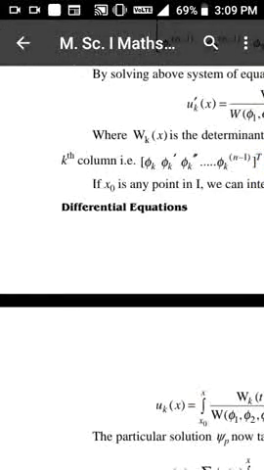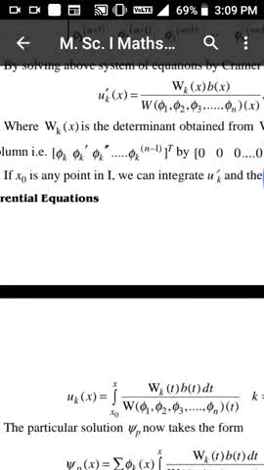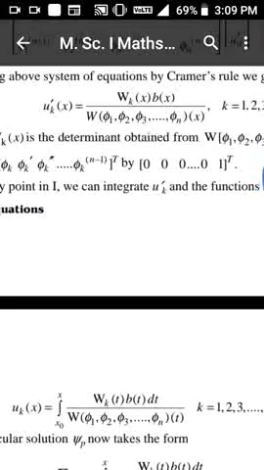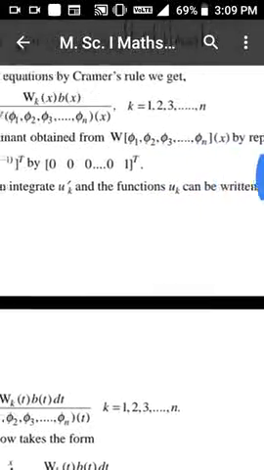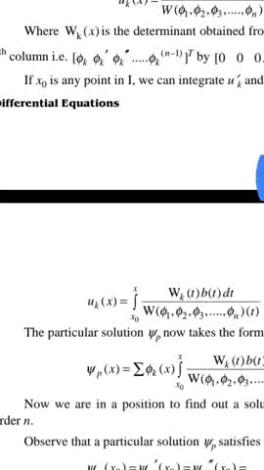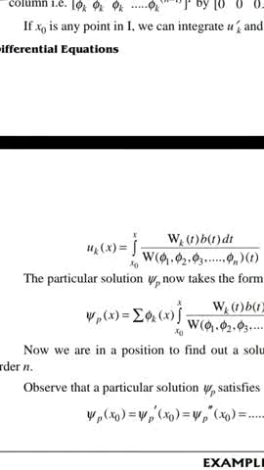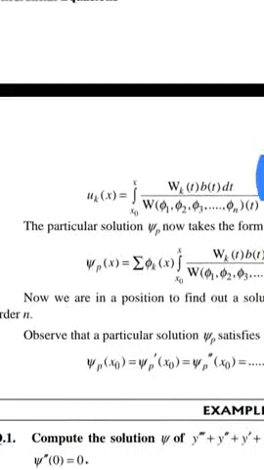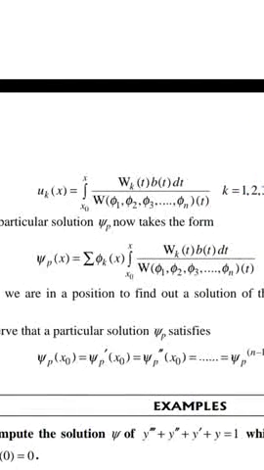If x0 is any point in I, we can integrate uk', and the functions uk can be written as uk(x) is equal to the integral from x0 to x of Wk(t) b(t) dt divided by W(phi1, phi2, dot dot, phin)(t) dt.